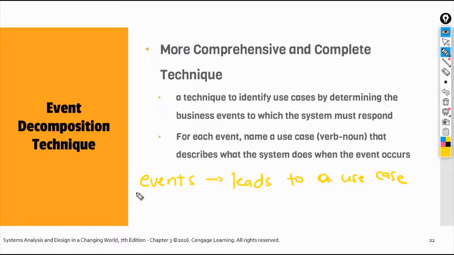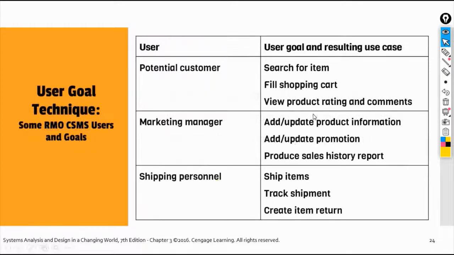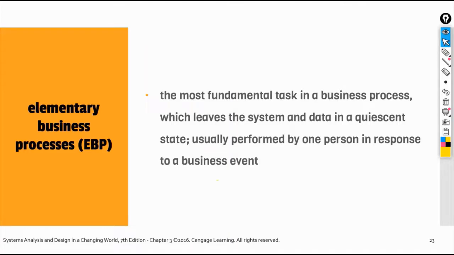So starting with business events helps the analyst define each use case at the appropriate level of detail. The appropriate level of detail for identifying use cases is one that focuses on elementary business processes, or EBP.